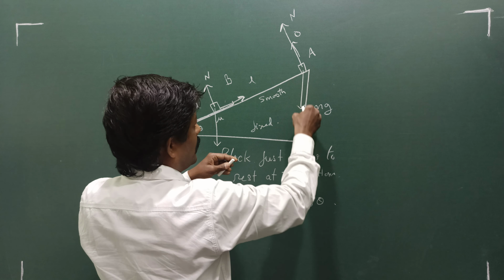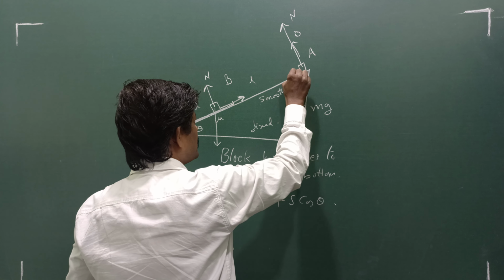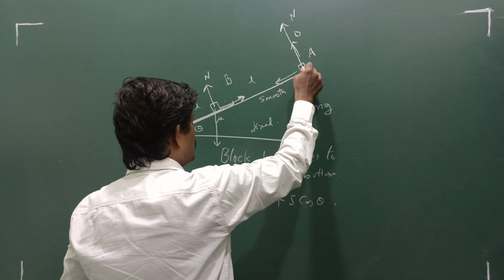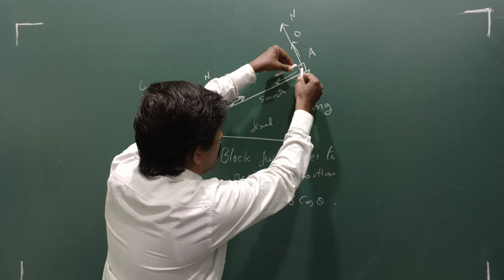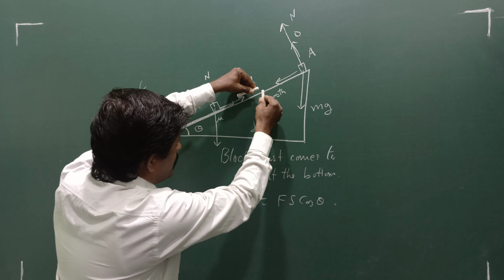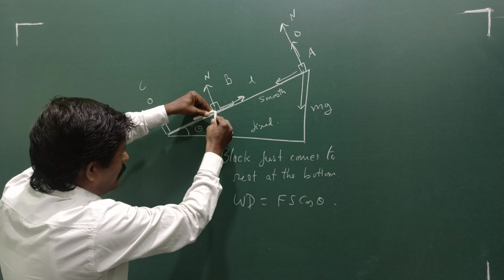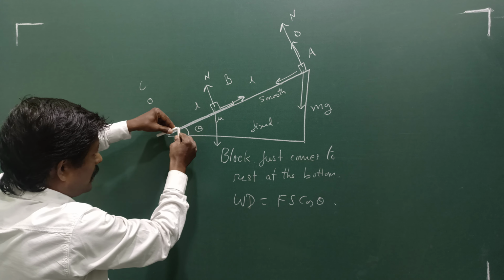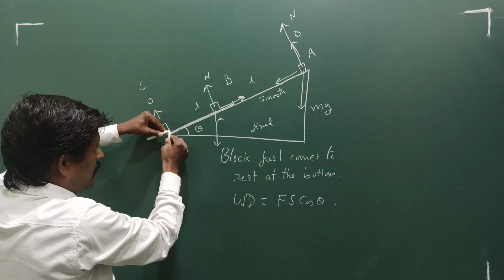Now mg is down, displacement is in this direction. Look at the arrow mark. mg is down, displacement, look at this here carefully. Of course mg is throughout. I cannot say mg had disappeared.